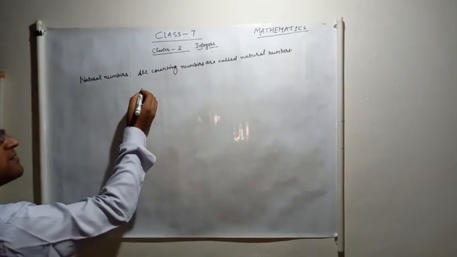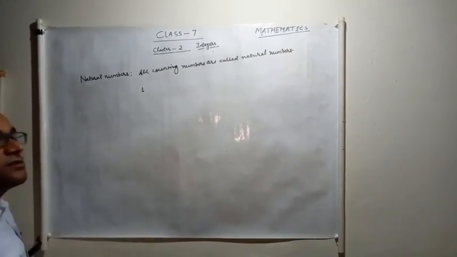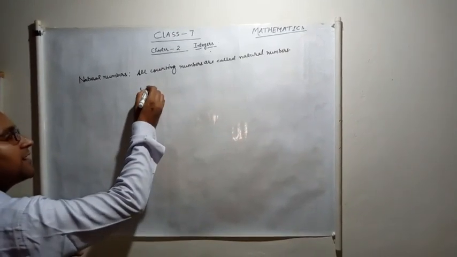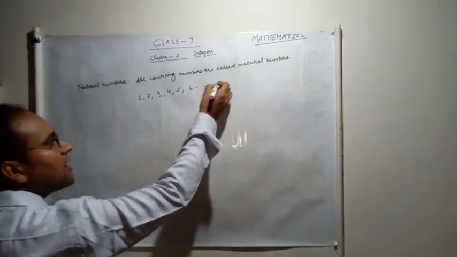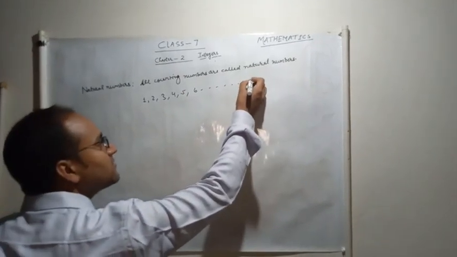The first natural number is 1. It starts with 1, then 2, 3, 4, 5, 6 up to infinity.